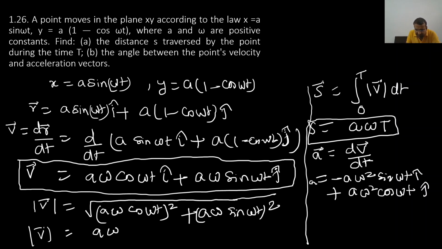Now we have the acceleration vector and the velocity vector. To calculate the angle, you just have to do the dot product.